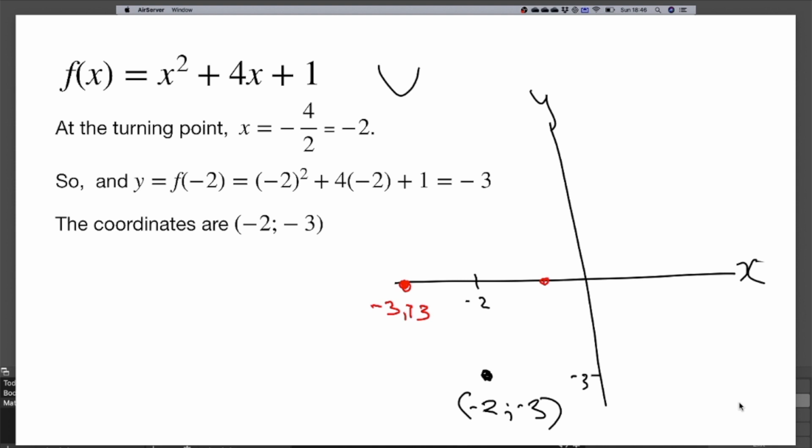I'll put it here. Then the y-intercept, remember the y-intercept is 0, 1. And I'll put that one somewhere here. And now I can draw my graph.